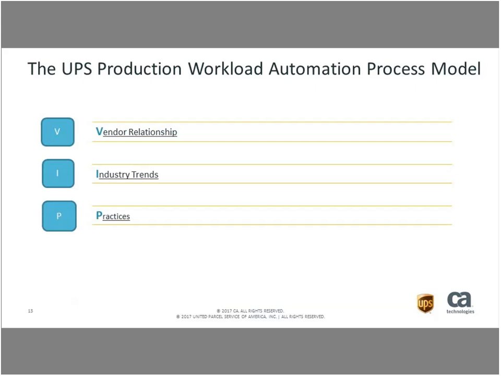Also, I call it the VIP. It's about vendor relationship. I mentioned throughout this process so far how I have CA on speed dial, and I wish I were joking with you. It's true. That is necessary.